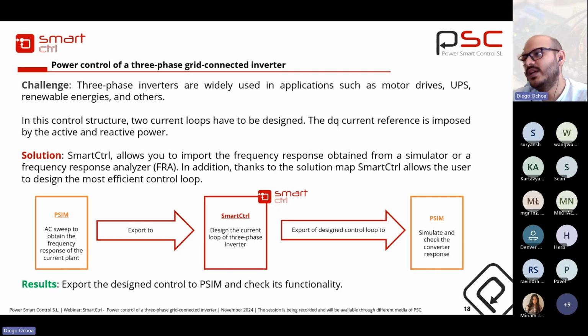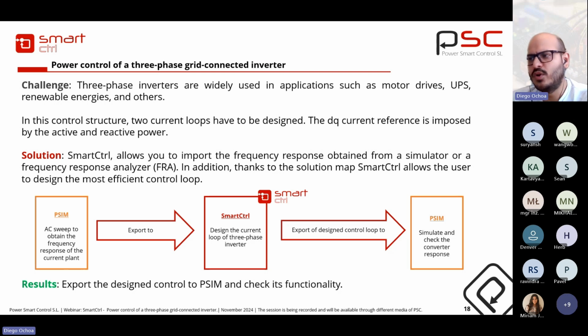This control structure has two current loops, one for the D axis and another for the Q axis, and the current is imposed by the active and the reactive power. So we start with a PSIM simulation. The first step is to get the frequency response of the current plant using the AC sweep function.